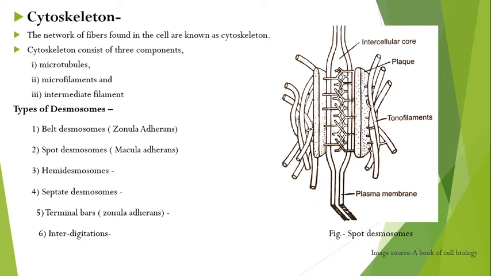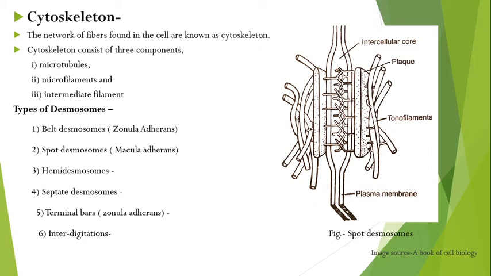These are disc or circular points of contact about 0.5 micrometer in diameter between the plasma membranes of adjacent cells, separated by a distance of 30 to 50 nanometers between the two membranes.